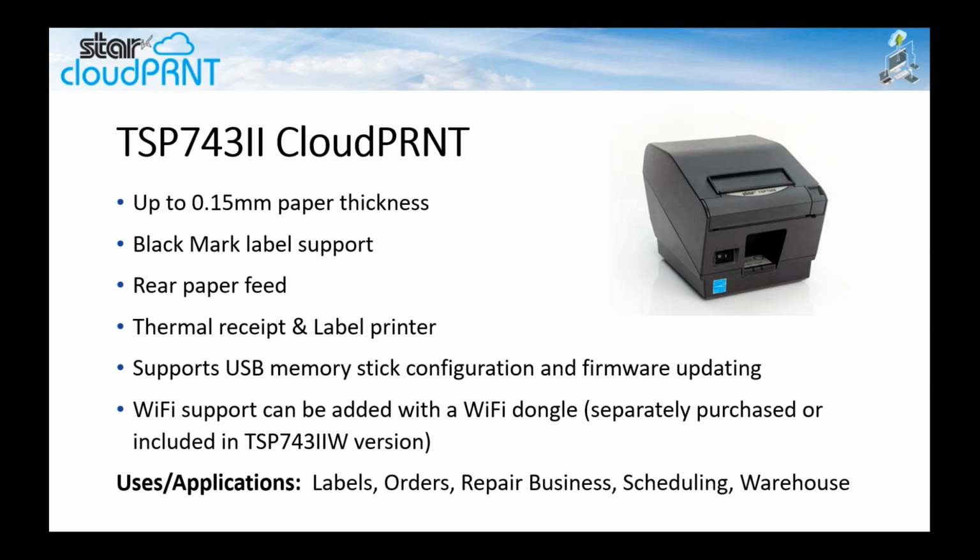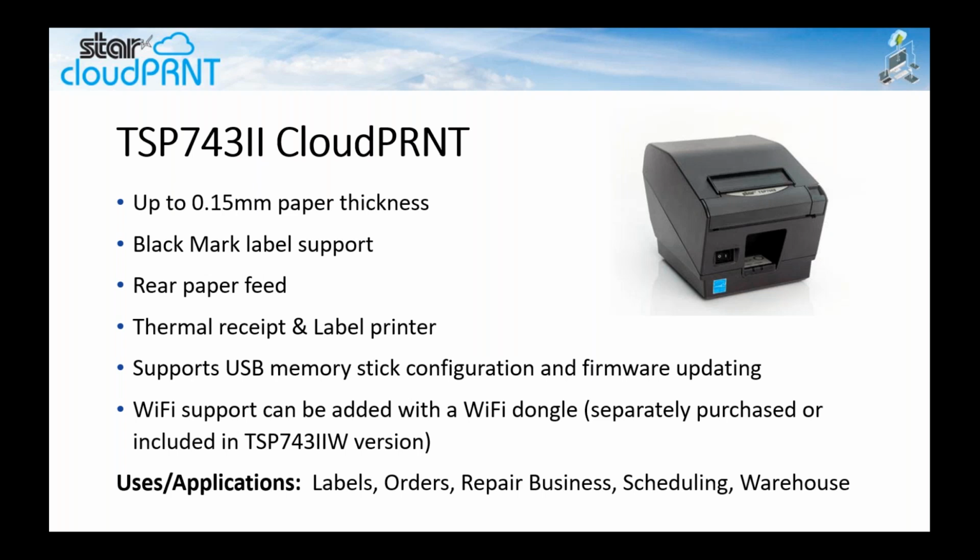But this one has a couple of unique features, and I really recommend it when you're doing either tickets, maybe a movie ticket or a concert ticket, something like that, where it's on thicker paper, or you're using labels. So this printer is a really good label printer. It's got black mark label and ticket support, so it can tell where the label or ticket starts and stops.